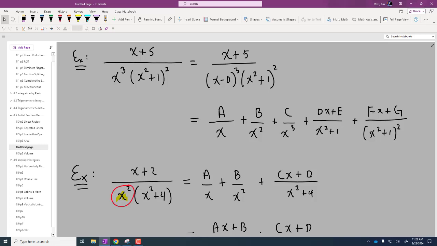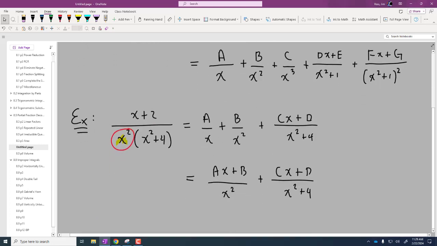The thing is, at least in my eyes, it's kind of obvious it's reducible. X times x. Exactly. It's really obvious. So if you don't see that, then you could make this mistake and just go right to there, but it's not going to matter because it's going to turn out the same anyway. But only if it's a square. But wouldn't it also work for the one you just did with x cubed?